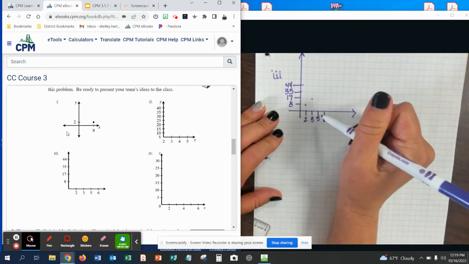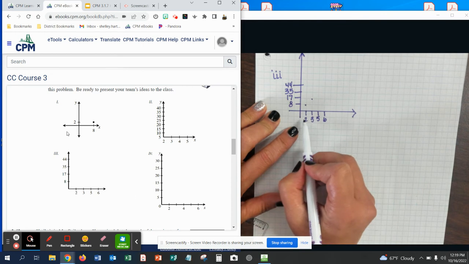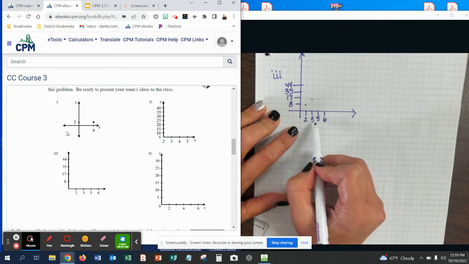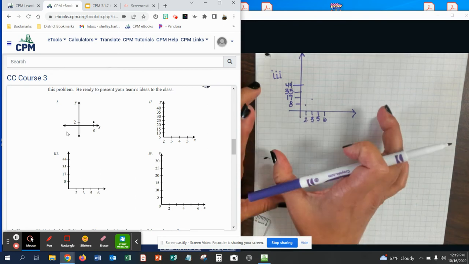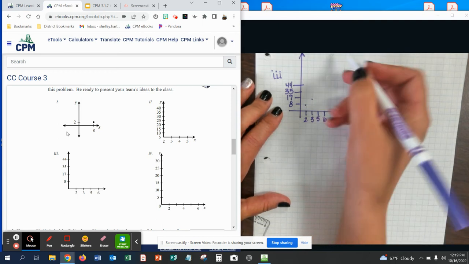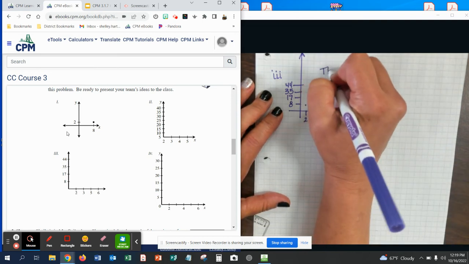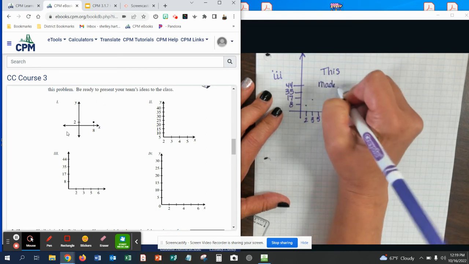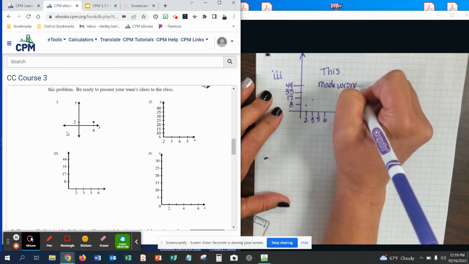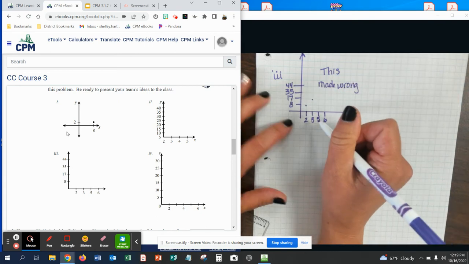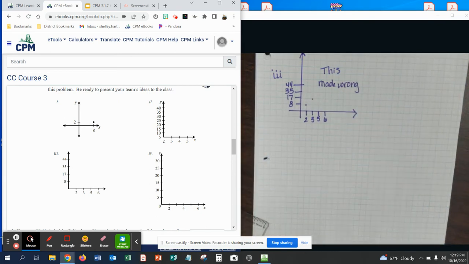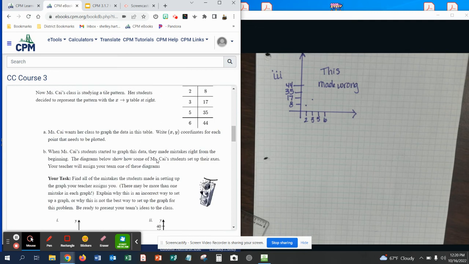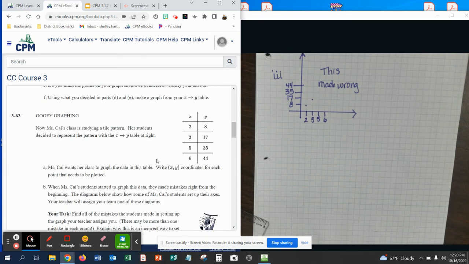There's no 1, there's no 4, there's nothing in between. It's only giving the numbers that the X and Y table gave.